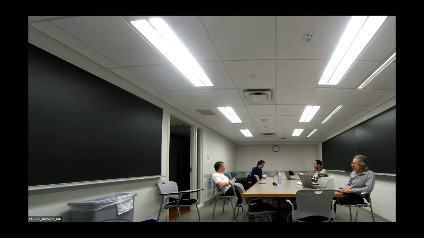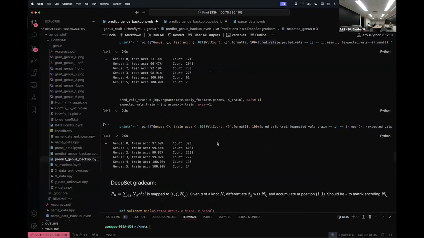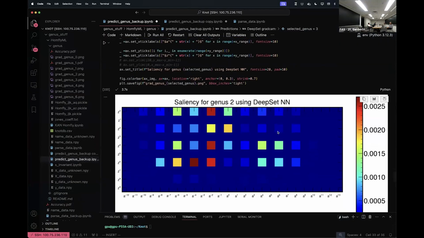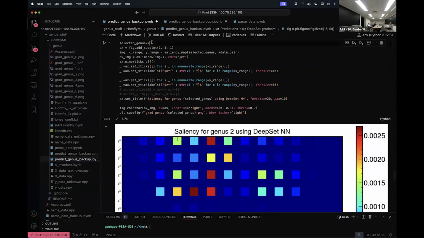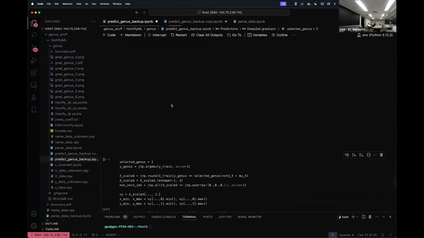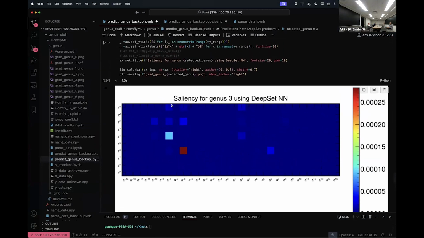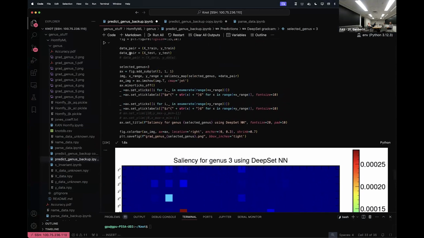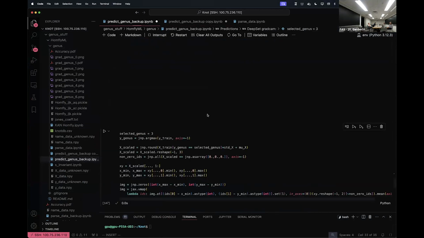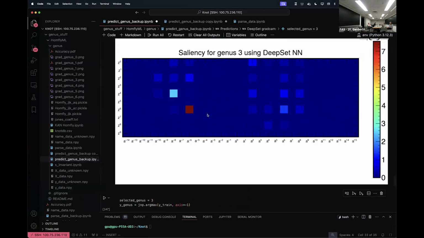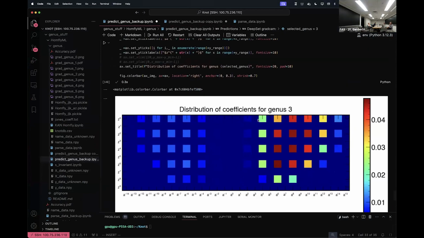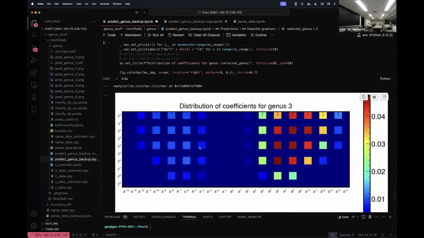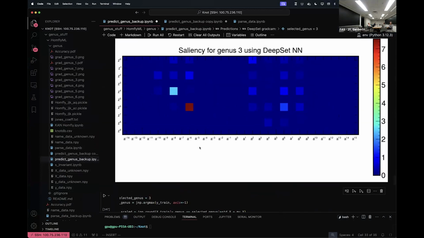It's essentially the same saliency analysis, but these are the figures I'm getting for saliency for genus 2, for example. As I reach genus 3, there is this splitting. This is on the test set, and on the whole data set, because the test set has much fewer, I get something like this, which is similar to the pictures here in the sense of the splitting into two different branches.